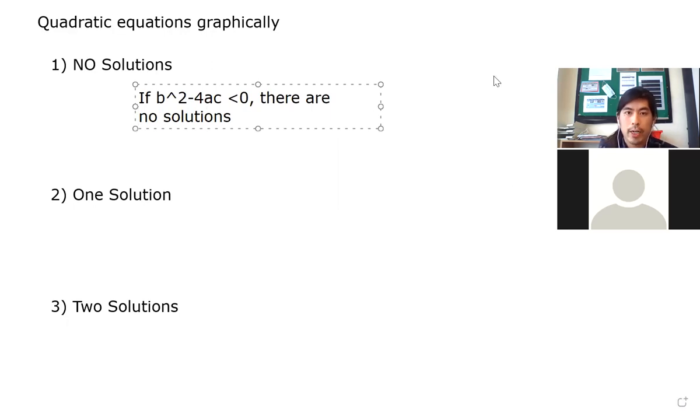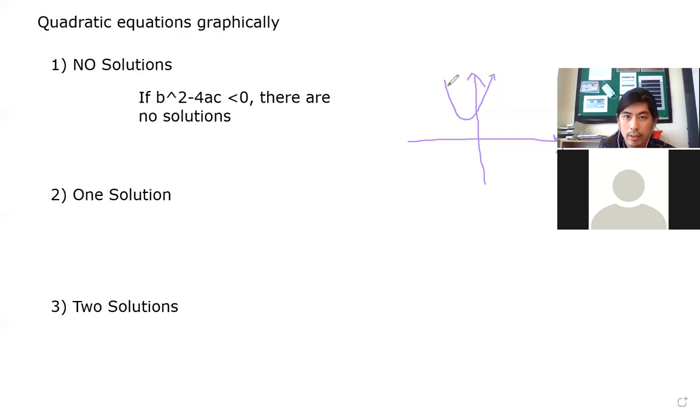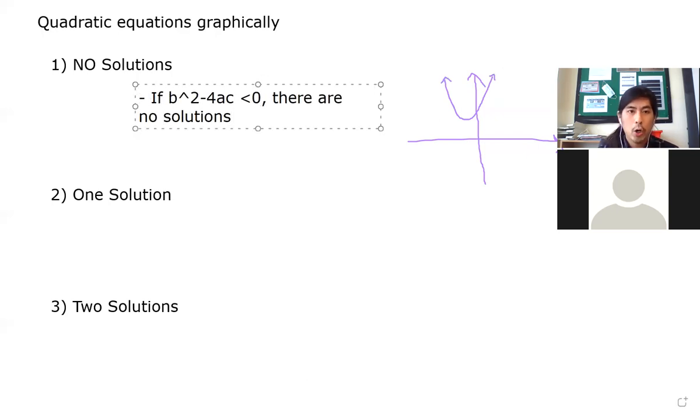These are just clues to help you understand visually what's happening on the graph. And the picture of it is going to be floating above the x-axis. There are no solutions. No x-intercepts.